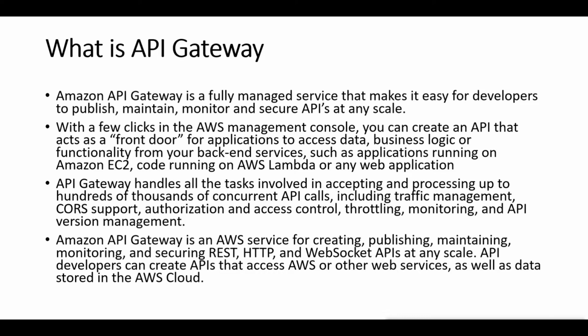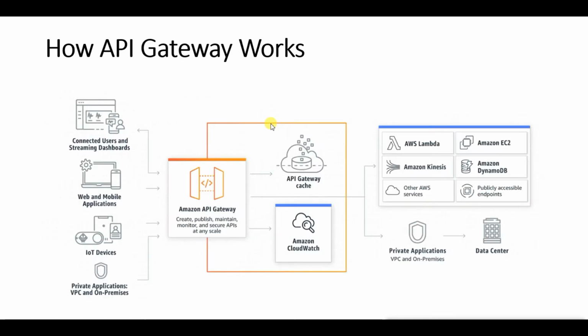Amazon API Gateway is an AWS service for creating, publishing, maintaining, monitoring, and securing REST, HTTP, and WebSocket APIs at any scale. API developers can create APIs that access AWS or other web services as well as data stored in the AWS cloud. So how does API work?